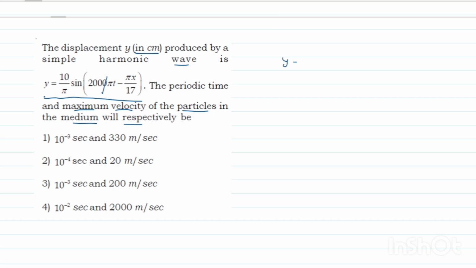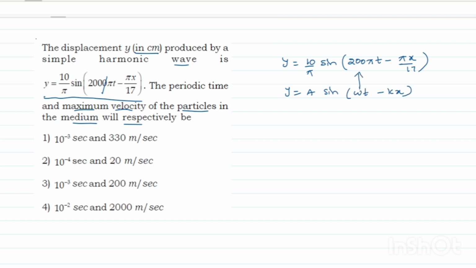So y equals 10 by pi sine 200 pi into t minus pi x by 17. Now it is in the form of y equals a sine omega t minus kx.